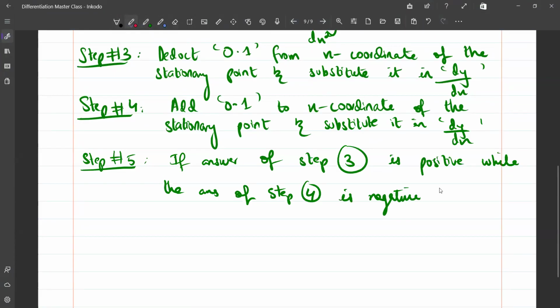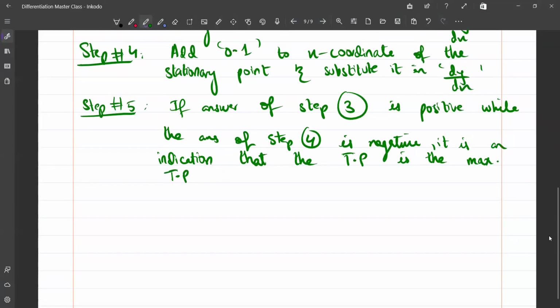It is an indication that the turning point is the maximum turning point, right?